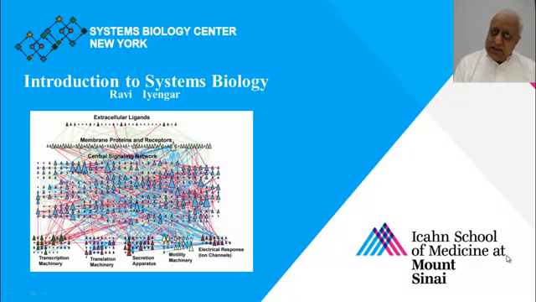And these technologies allow us to do survey type experiments where we can study many components. In the case of gene expression or microarray experiments, how levels of many messenger RNAs change in response to one or more perturbations.